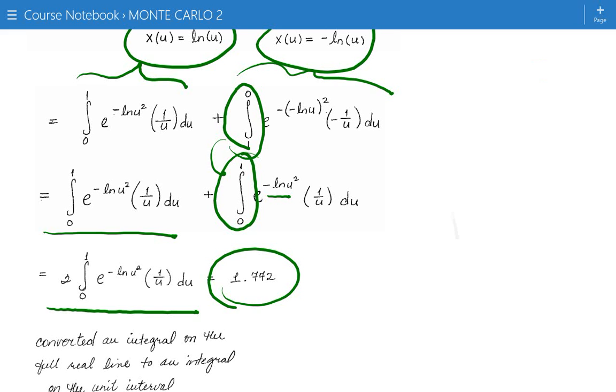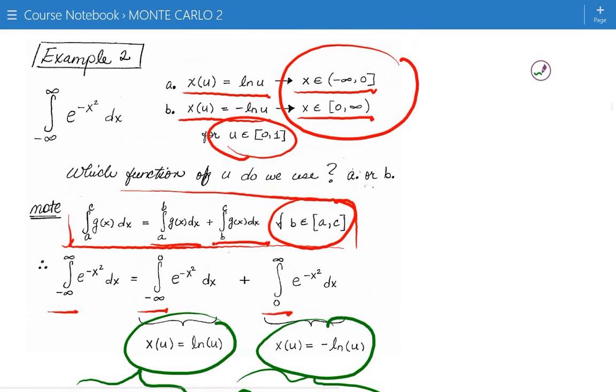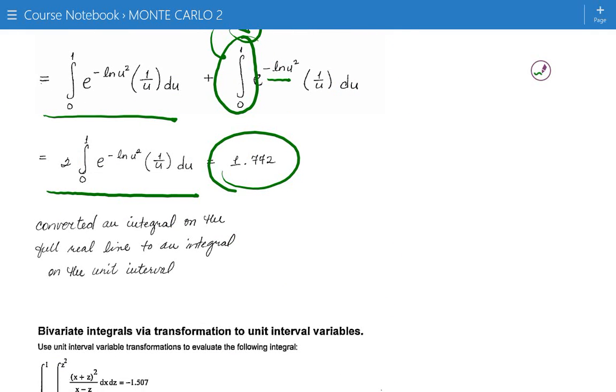Now, in this case, whether it was simpler to evaluate the integral from negative infinity to infinity of e to the negative x squared, or to evaluate 2 times the integral from 0 to 1 of e to the negative log u squared times 1 over u, is a bit unclear.